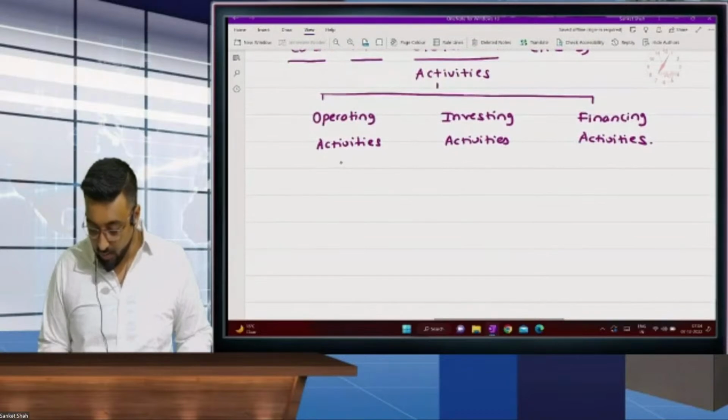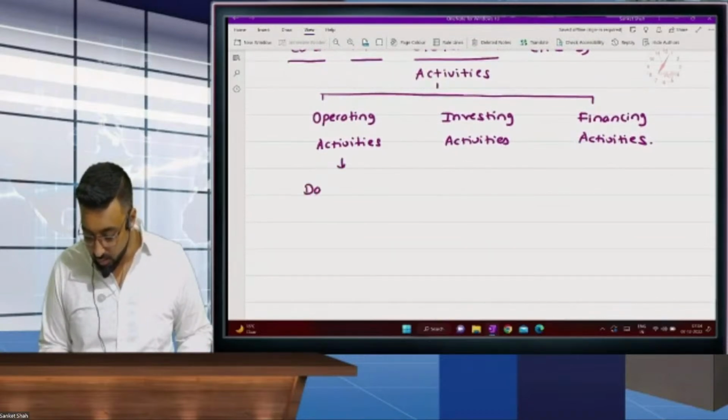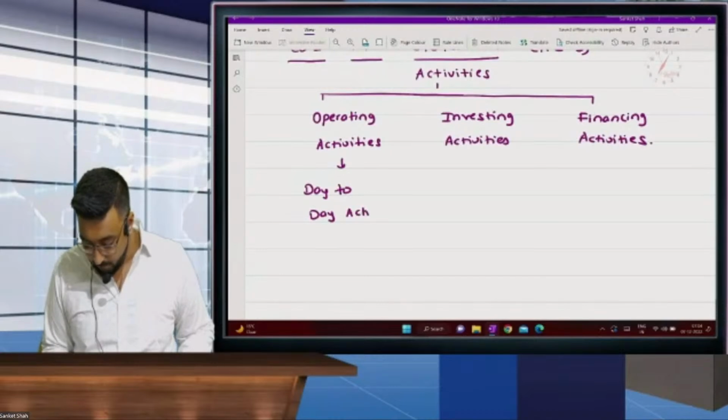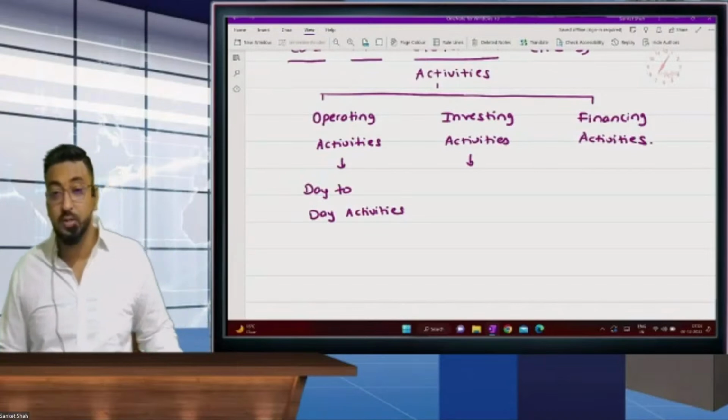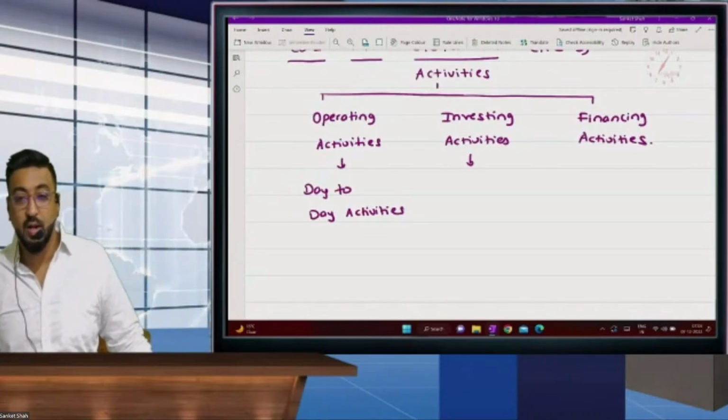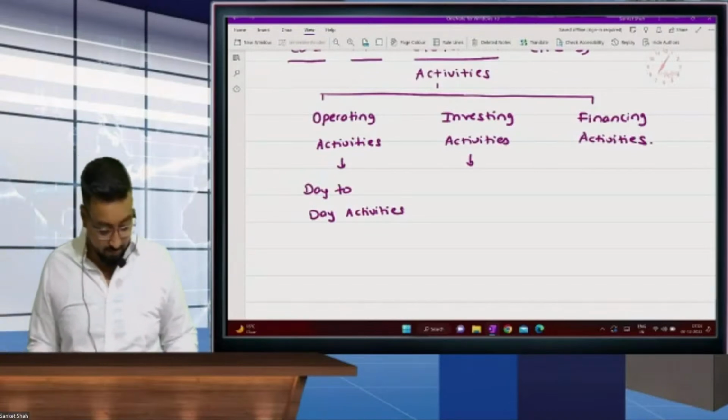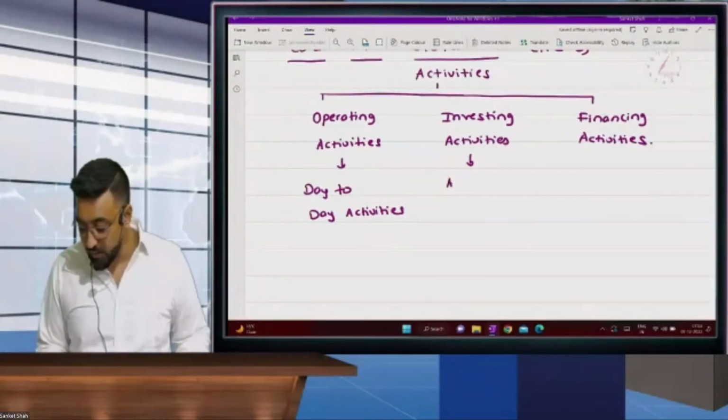Okay. Operating activities are related to day-to-day activities. That is purchase of goods, sale of goods, wages paid, salary paid, all are divided in operating activities. Investing activities, normally assets sold or purchased.